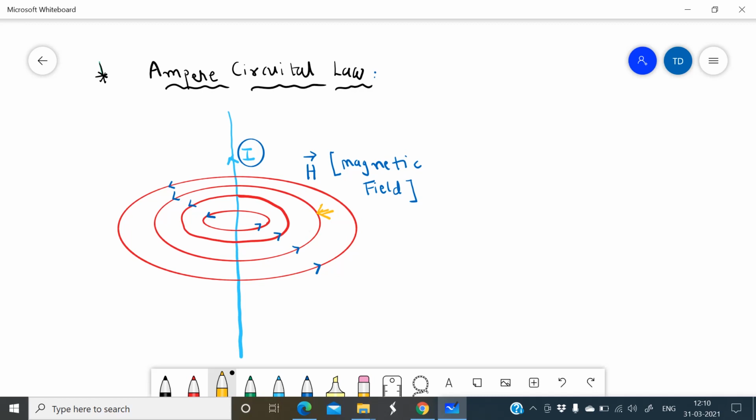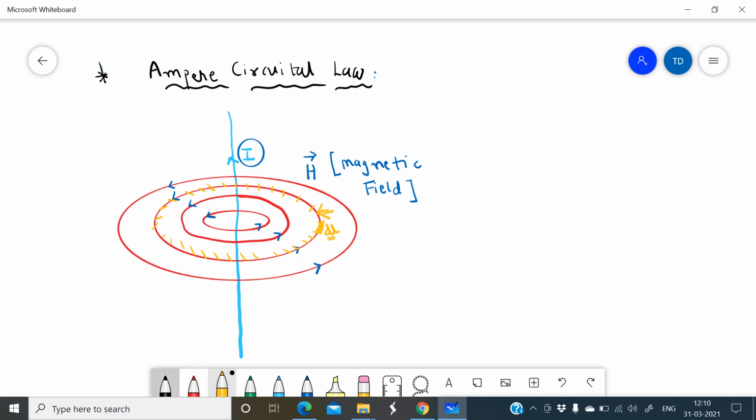I will divide this circle into equal lengths of path, and I will call this length dl. The total length of the circle is capital L and this length is dl.